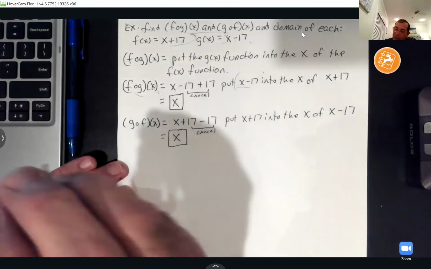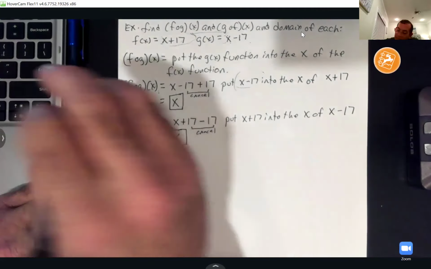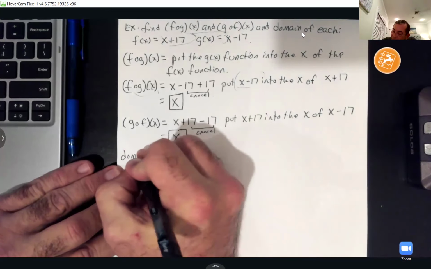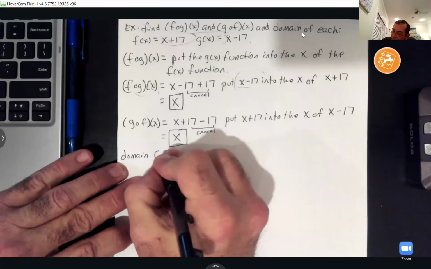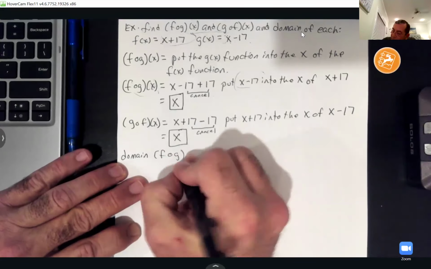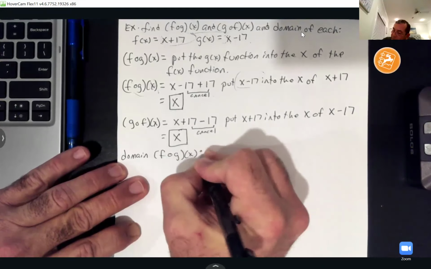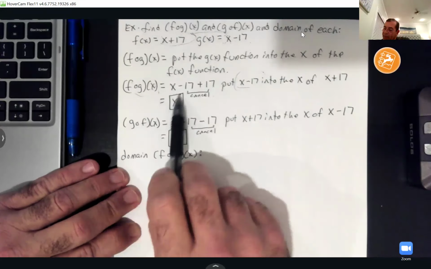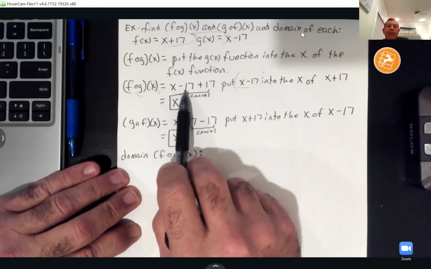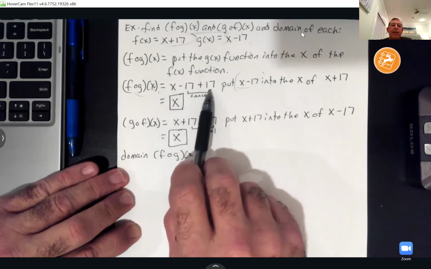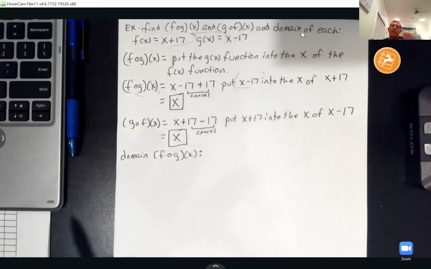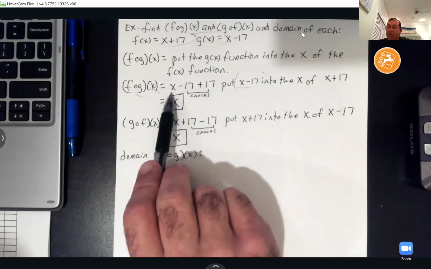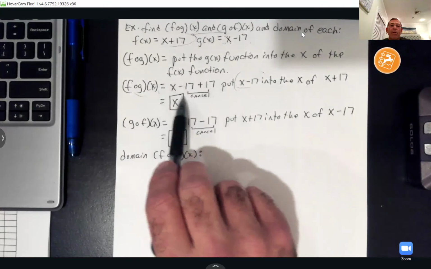So now let's look at the domain. So the domain of f composed g. When I did f composed g, I had x minus 17 plus 17. I ended up with an x, but my question, given these functions right here, what's that domain?